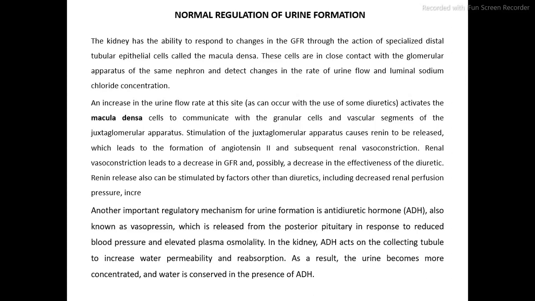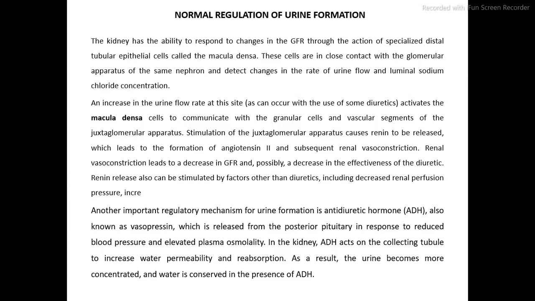Now in the kidney, this antidiuretic hormone, also called vasopressin, acts on the collecting tubule to increase water permeability and reabsorption, and as a result urine becomes more concentrated and water is conserved in the presence of the ADH, that is the antidiuretic hormone.